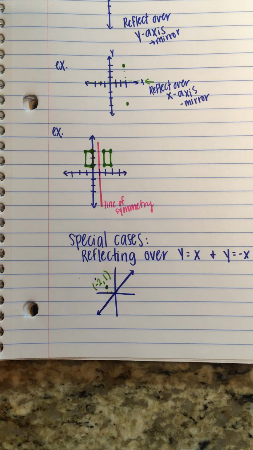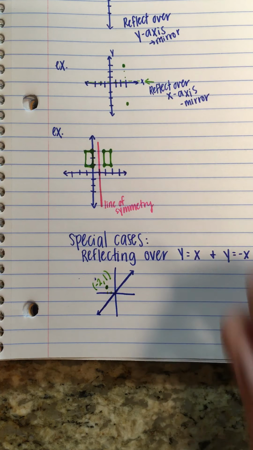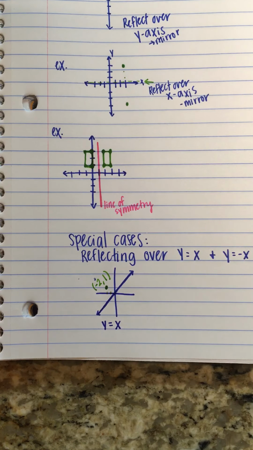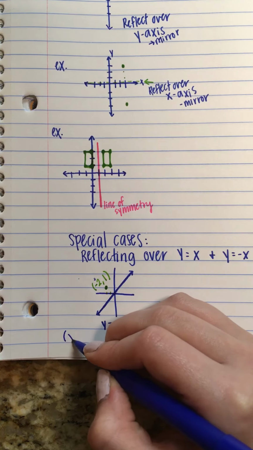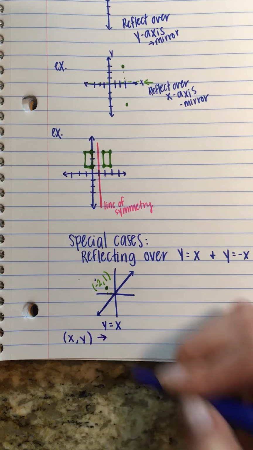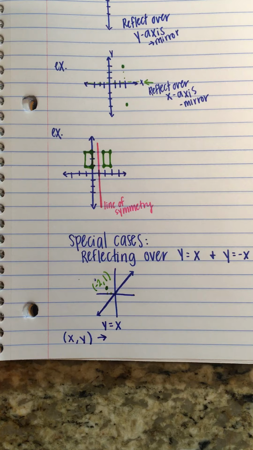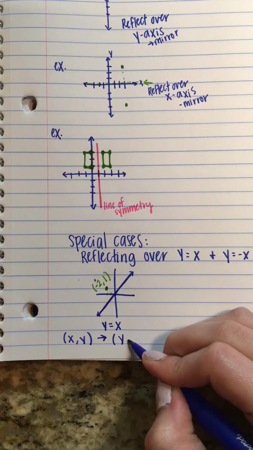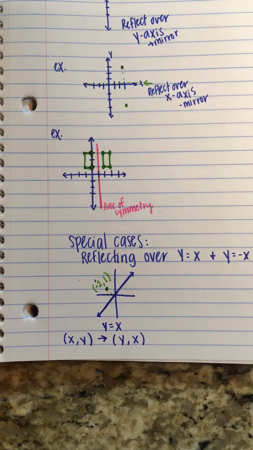Well, in this case, you're going to have to use a little bit different rule. So when you reflect over y equals x, you need to take whatever ordered pair or ordered pairs that you have, and whatever your original ordered pair was, for this rule, you're actually just going to switch their spots.